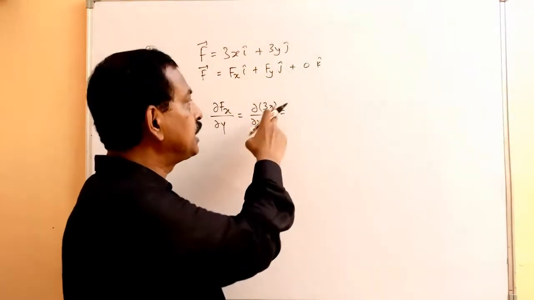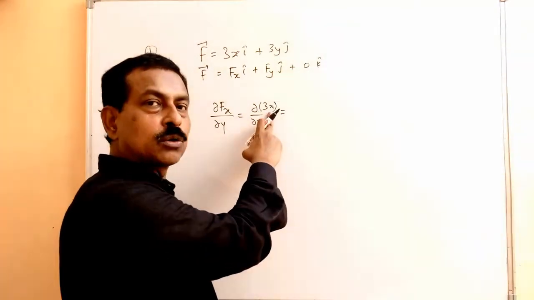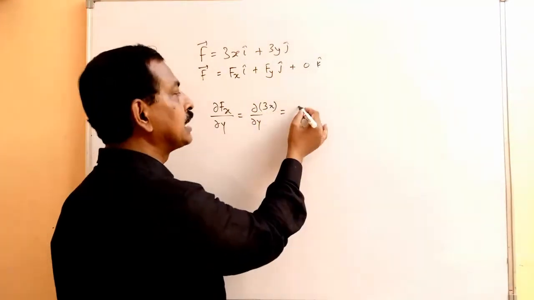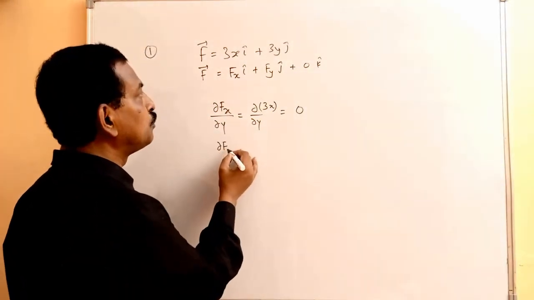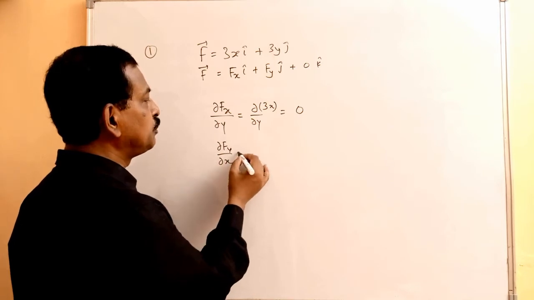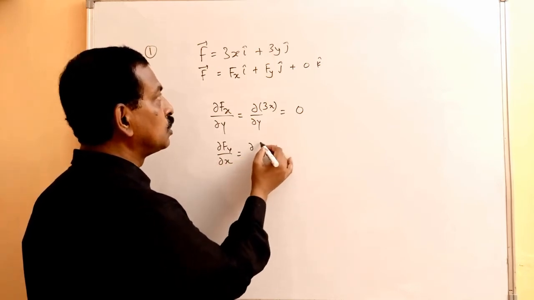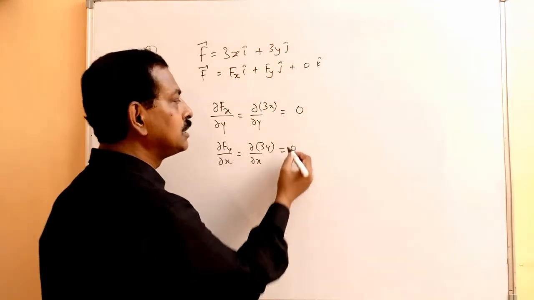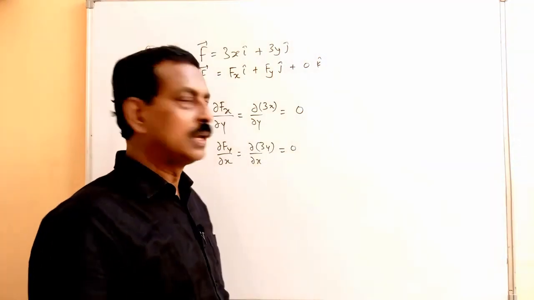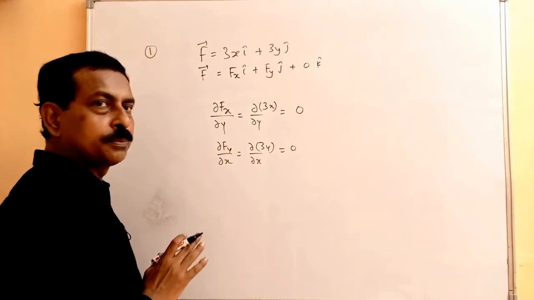This is the partial derivative. So these terms will be taken constant here. So in that case, this will be 0. Whereas if you take ∂fy and differentiate it with x, it is your 3y with respect to x. Again, this is 0. So this term is 0.